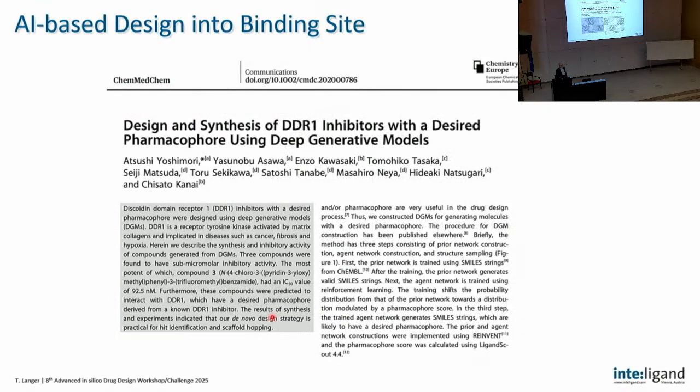And here is another story, where people in Japan used Ligand Scout pharmacophores as a scoring function for a generative neural network to predict new compounds. They designed and synthesized DDR1 inhibitors using a desired pharmacophore model with a DGN model.